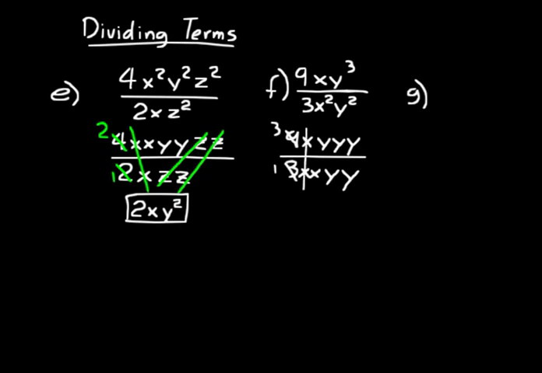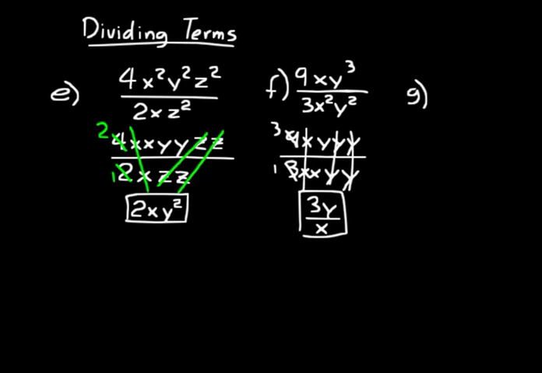Cancel one of the x's and two of the y's. So this one we end up with 3y over x. Have a fraction on that one. So you don't always just get one single value. Sometimes you will get a fraction. It just depends on the relationship.